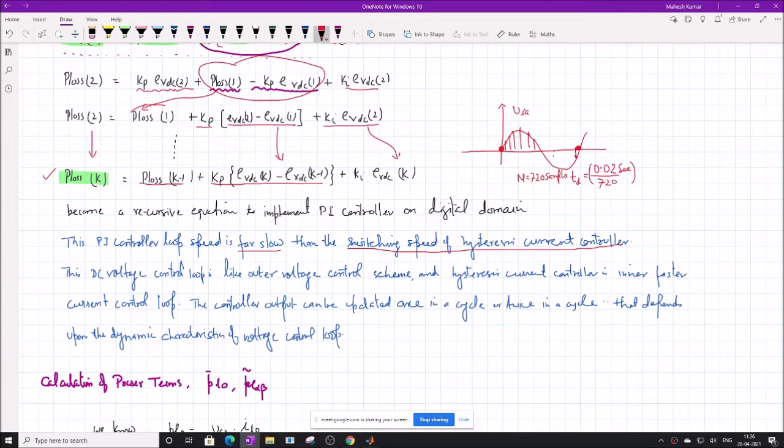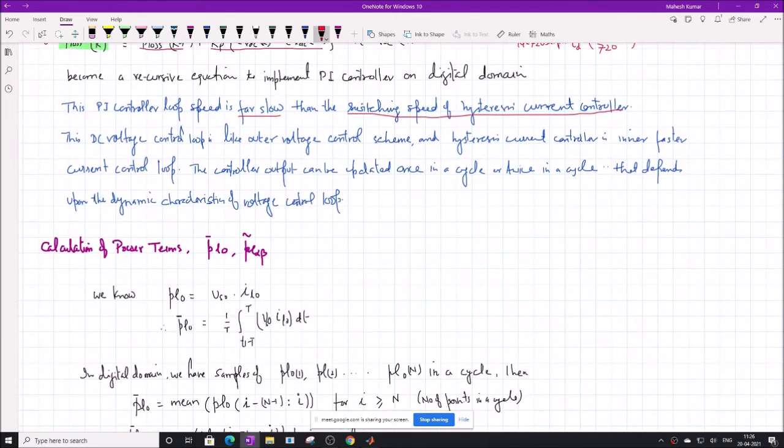Or you can update twice in a cycle. We can update here, here, and here, but definitely not at every switching point. So this is an important point, that the outer PI voltage control loop is far slower than the inner switching hysteresis current control scheme. And at most this control loop can be updated once in a cycle of voltage. So this is a very important point.